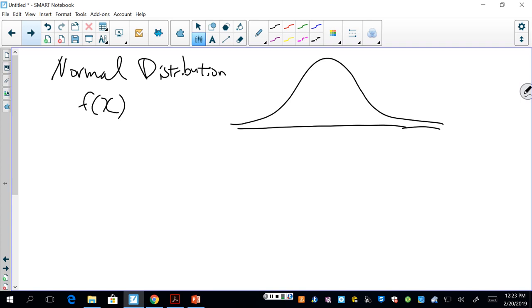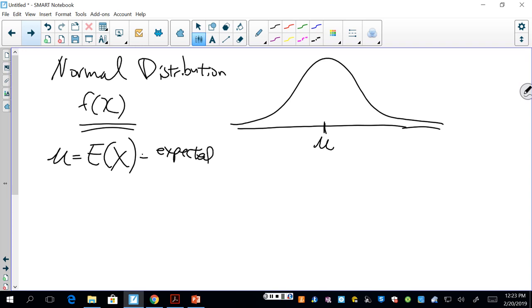The probability density function for a normal is that bell-shaped curve. The bell-shaped curve for a normal is centered around the average, so mu is going to be the expected value of the random variable.